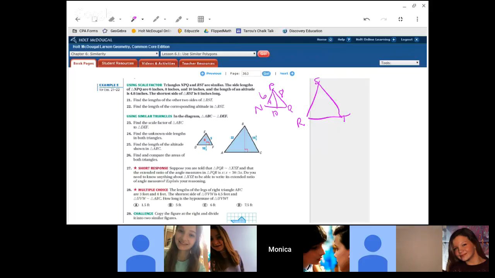So we'll just say 4.8 there. The shortest side of RST is 8 inches long. If these triangles are similar, then the shortest side is going to have to be the same as the shortest side for our other triangle, which would go here. Does that make sense so far?